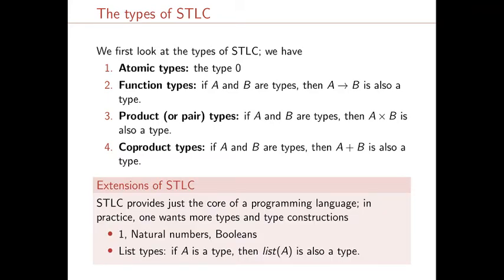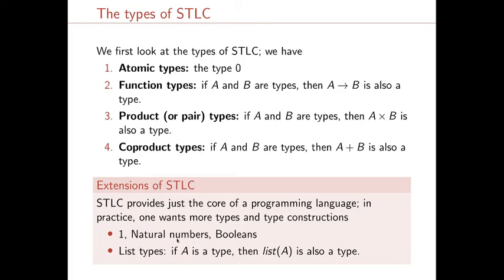The simply typed lambda calculus is just the core of a useful programming language. In practical programming languages, one would have more type constructions and more base types. One would usually have a unit type, which is a type that has exactly one element. One would have a type of natural numbers, a type of booleans, but also type constructions like lists, where one has an input, a parameter.